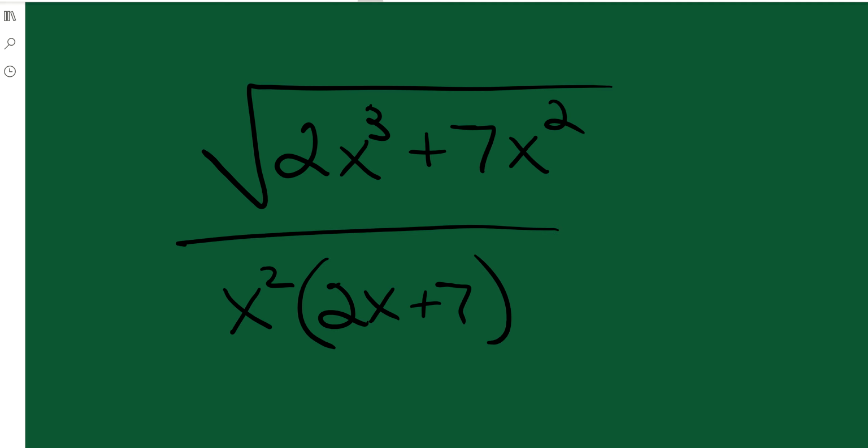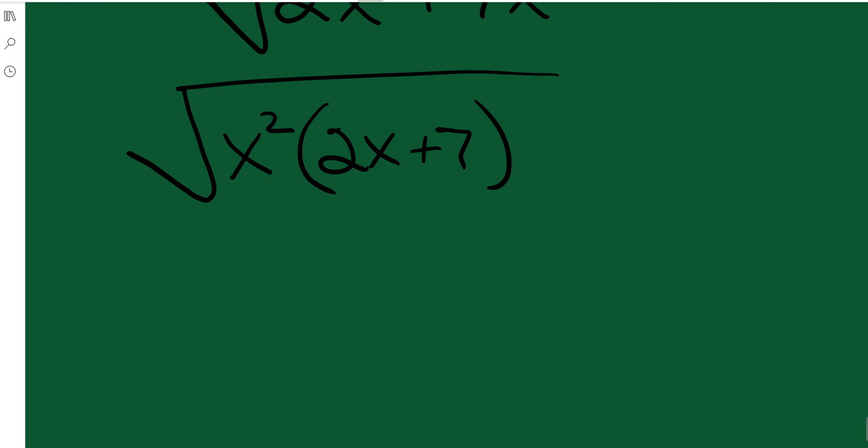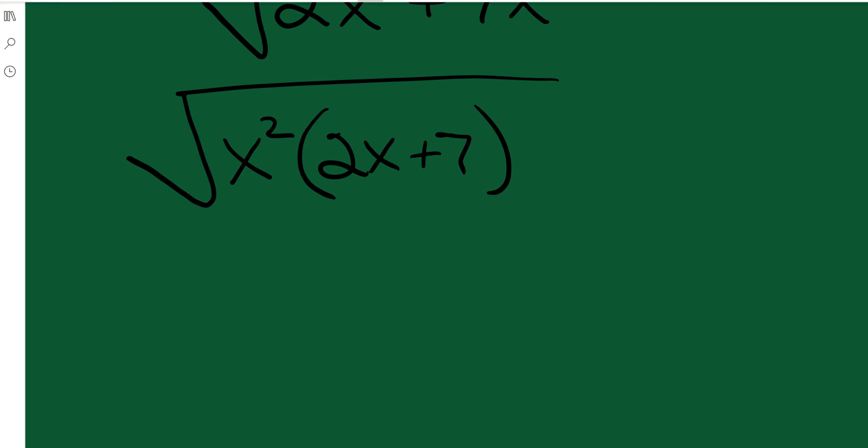Then if I look at my problem in this way, now I can see that the square root of x squared is x, so that x comes out front here, and I'm left with the inside, because that's just going to stay as 2x plus 7. There's nothing I can do with that, so it remains as part of the radicand.